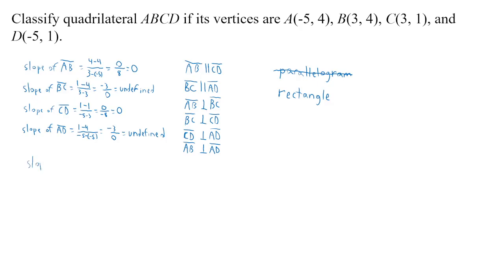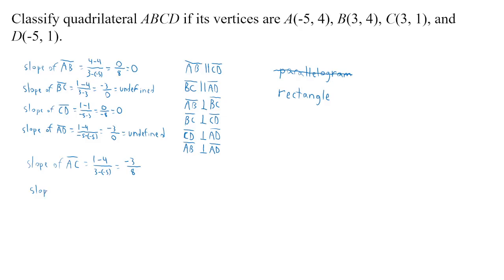So we have the slope of segment AC. And this is 1 minus 4 over 3 minus negative 5. 1 minus 4 is negative 3. 3 minus negative 5 is 8.